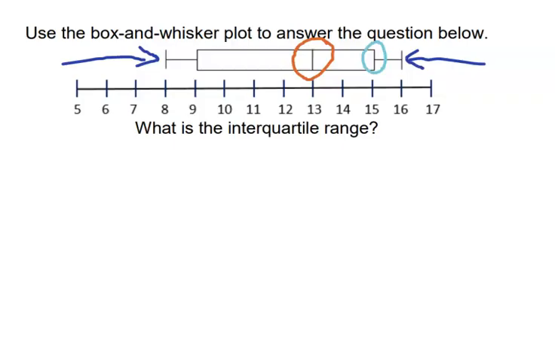Okay, and then we take the bottom half of the numbers, find the middle of those, and that becomes the lower quartile. So to do the interquartile range, it's going to be 15, because that's the middle number of the upper half of the data, and we're going to subtract 9 because that's the middle number of the lower half of the data. So we have 15 minus 9, and that equals 6.